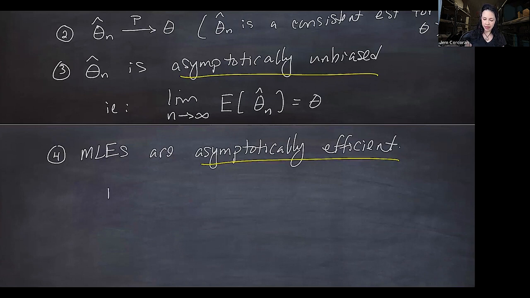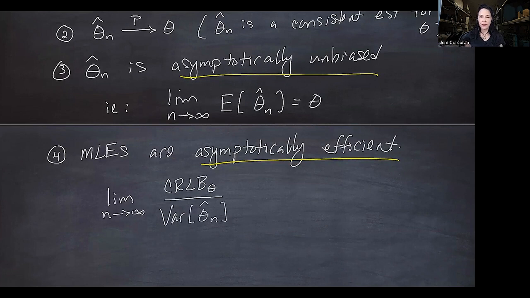This means that the limit as n goes to infinity of the Cramér-Rao lower bound for the variance of all unbiased estimators of theta over the variance of the MLE is going to go to 1.